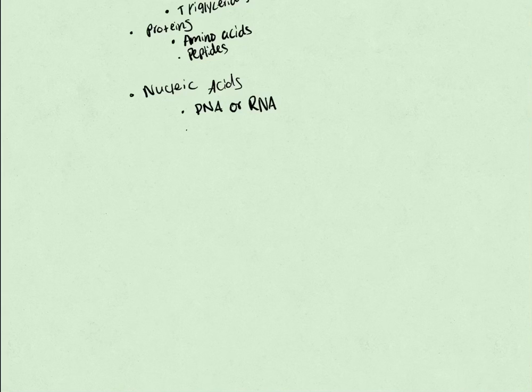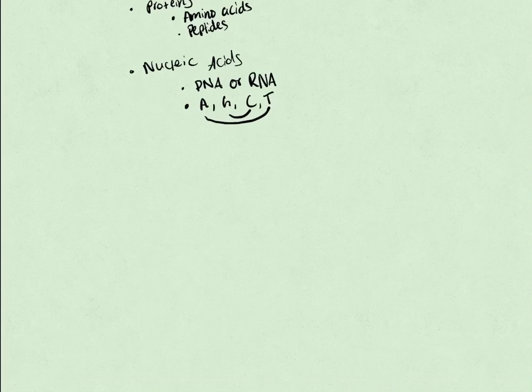There are four types of nucleotides: A, G, C, and T. AG are paired, AT are paired, and CG are paired with each other in a strand of DNA. It's important because it helps to store genetic information and the information for life.